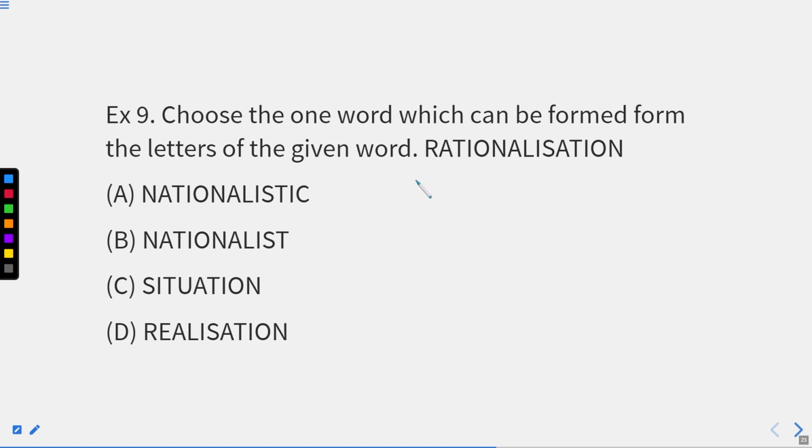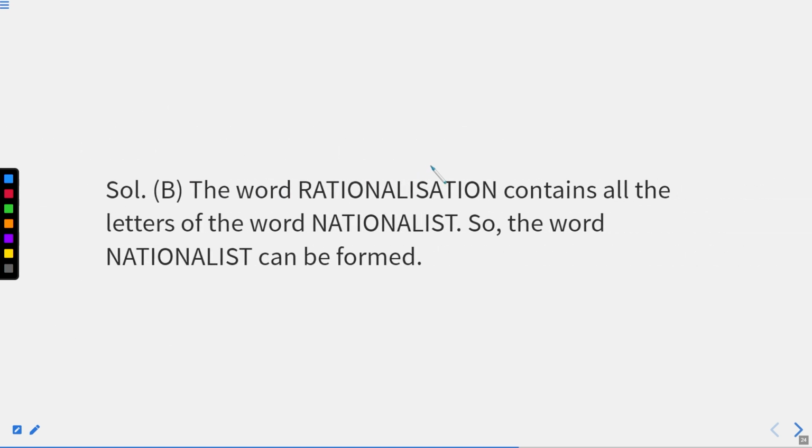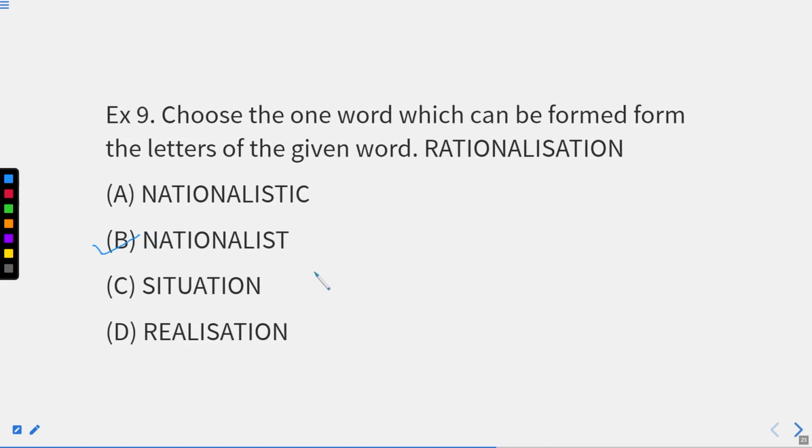If you look very carefully, you will figure out that option B, that is nationalist, is a word which can be formed with the help of the letters of the word rationalization. Hope it is clear. So the word rationalization contains all the letters of the word nationalist, so nationalist can be formed, right? I hope you get the answer, option number B.